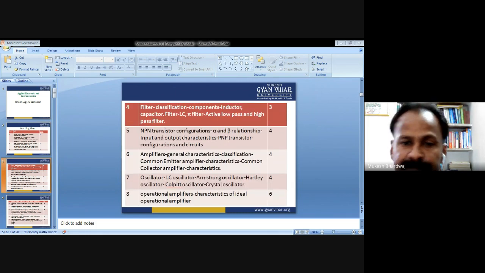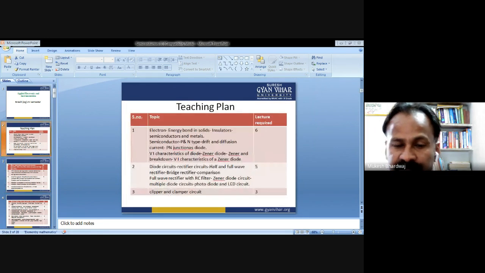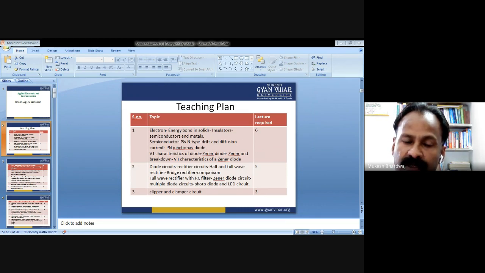Third is clipper and clamper circuit. The basic meaning of clipper and clamper is that we are going to put the input through any clipper circuit or clamper circuit.